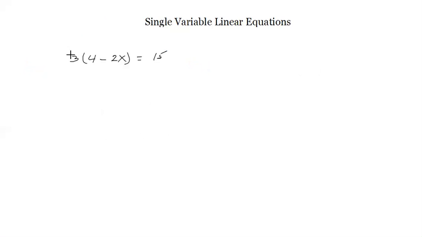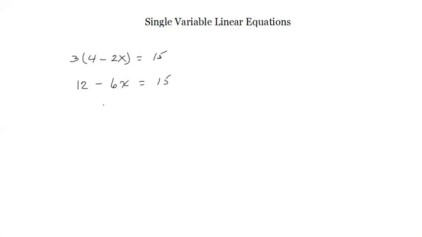Let's try another one. All right, let's try 3 multiplied by 4 minus 2x in brackets is equal to 15. So what happens here when you see this bracket is that this 3 needs to be multiplied by everything inside here. This is 3 times 4, which is 12, minus 6x. 3 times minus 2 is minus 6, is equal to 15.